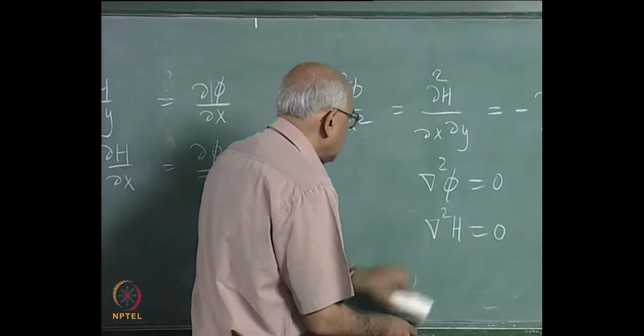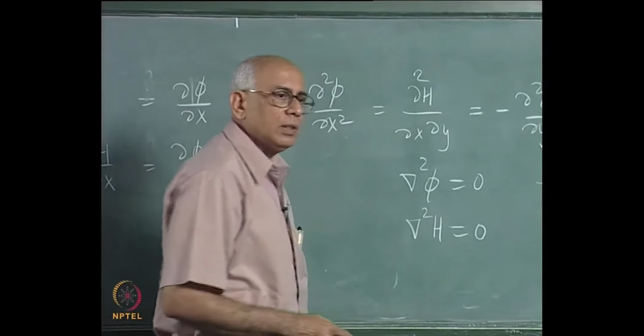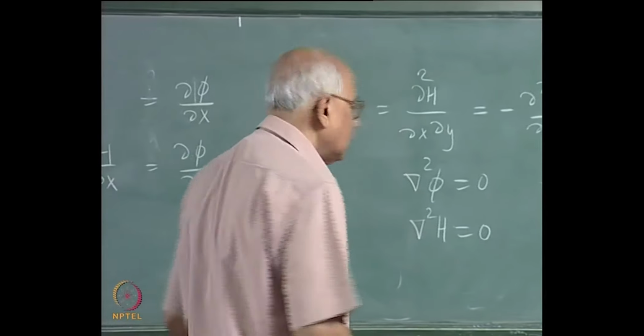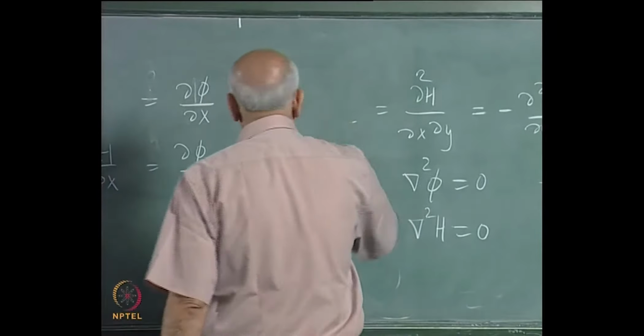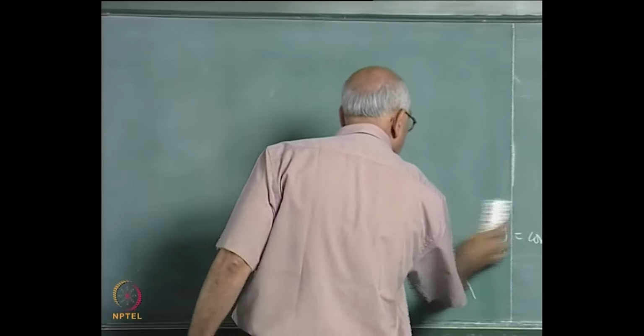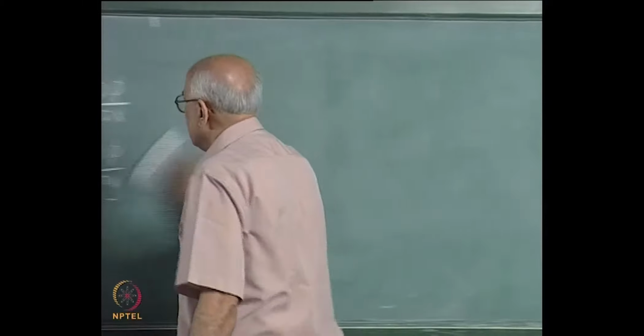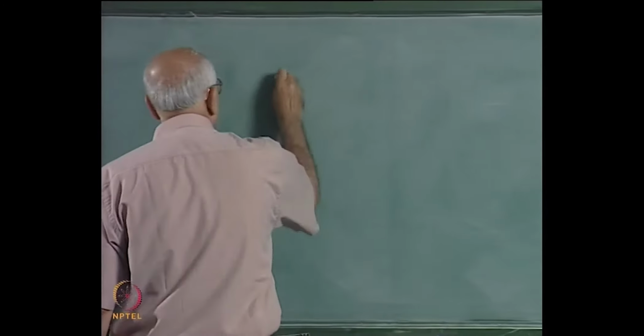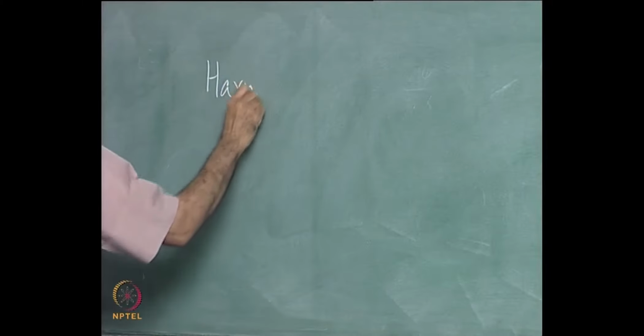Let us look a little bit at what we mean by a harmonic function. It is a good thing to have this digression to see what is meant by a harmonic function. So let us look at solutions of the Laplace equation itself. So a little digression on harmonic functions.